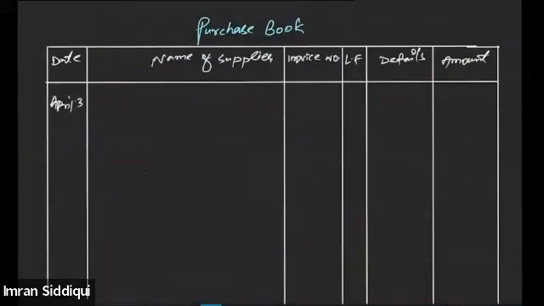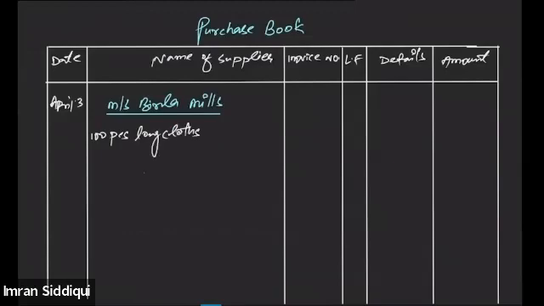Now we'll write down: first transaction took place with Messrs. Birla Mills, wherein we bought 100 pieces long cloth at the rate of 800 each, and 50 pieces we bought shirtings at the rate of 500.